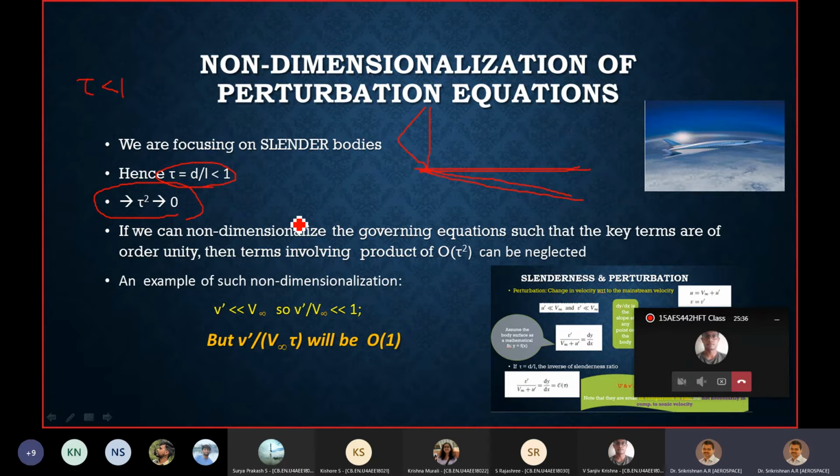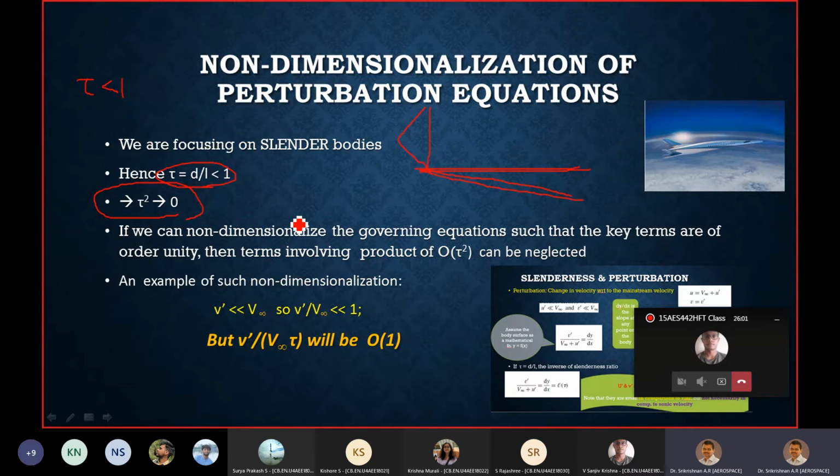Okay, so this means that if tau squared tends to be 0, or tau is very small, the governing equations can be non-dimensionalized in such a way that they will have terms which are of the order of unity, and terms which are of the order of tau squared.